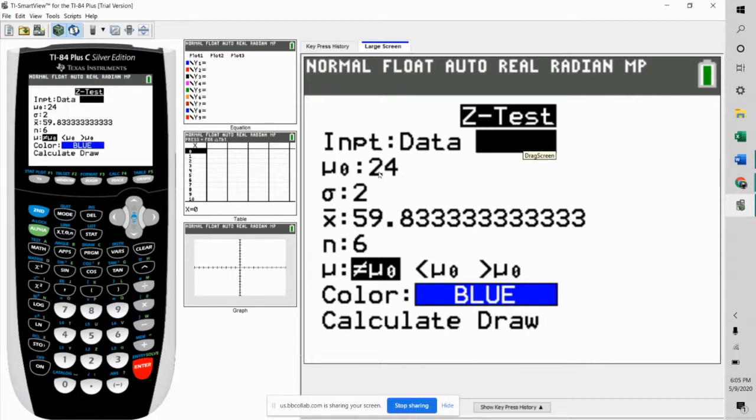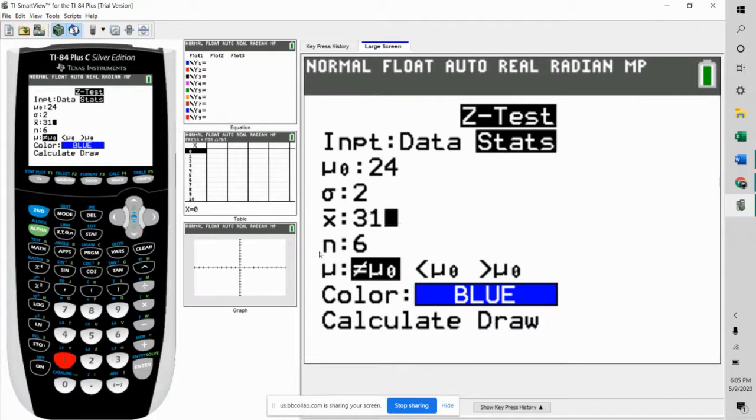So if we say that the mean is 24 with a standard deviation of 2, and let's say our sample, we got a mean of 31. And our sample size was only 6, which is kind of small. Well, we'll make it bigger. That's too small. Let's say our sample size was 79.